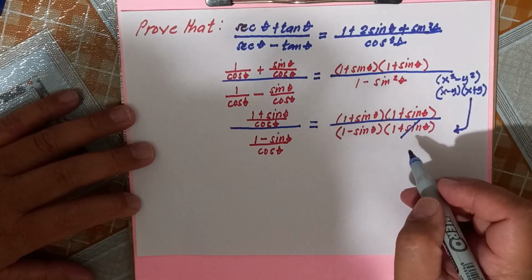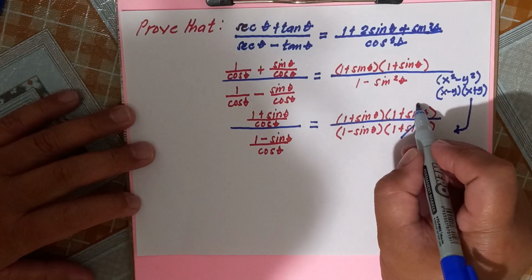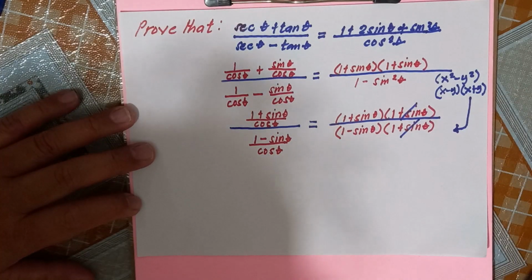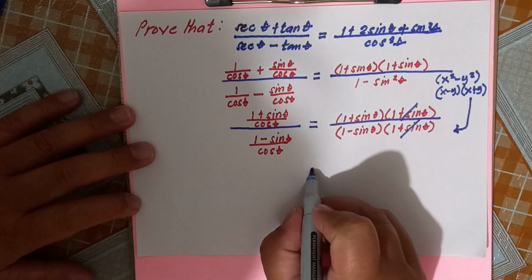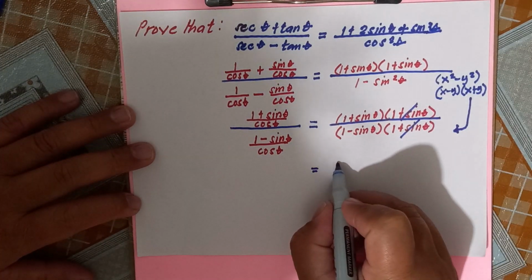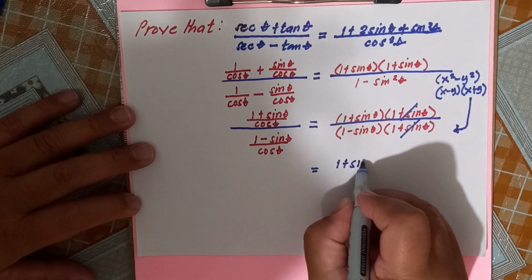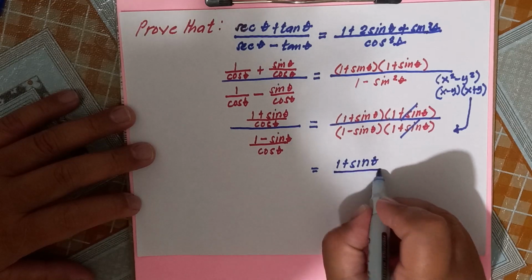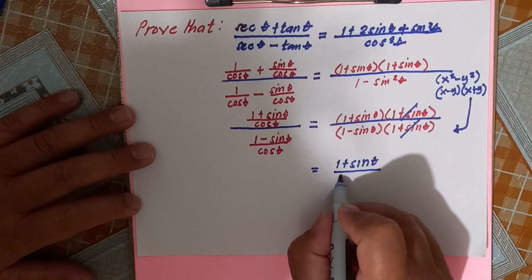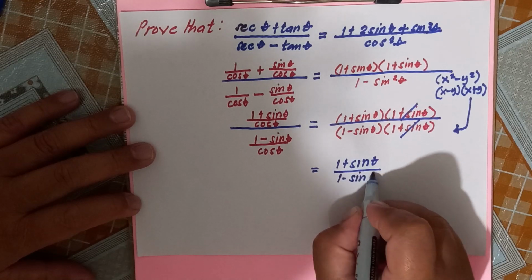This denominator can also be canceled out here. So what is left now is 1 plus sine theta over 1 minus sine theta.